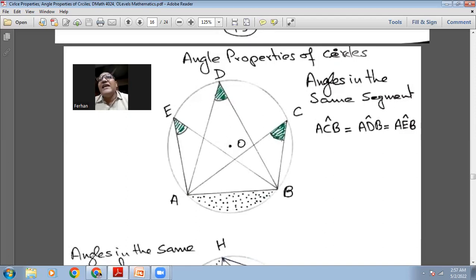So the angles formed here, here, and there will be equal to each other. This is called the angles in the same segment. So the angle ACB is equal to the angle ADB equals the angle AEB.